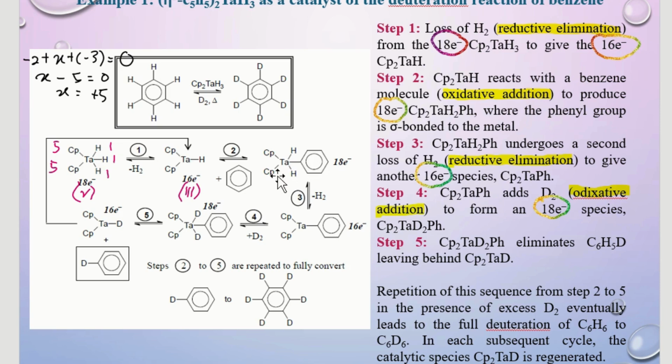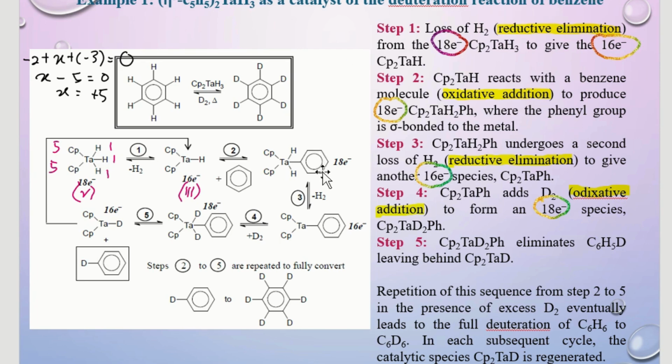Okay, so for the second step, the aim of the reaction is to deuterate the benzene.